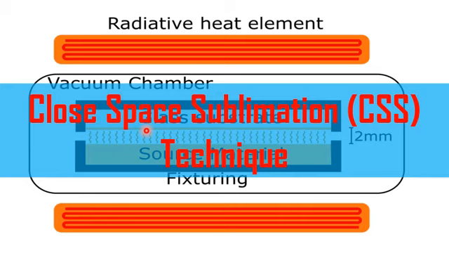So in the close space sublimation process, a precursor material is evaporated and then deposited onto the surface of a substrate after condensation. And after the condensation, the deposited precursor material is converted into a thin film.